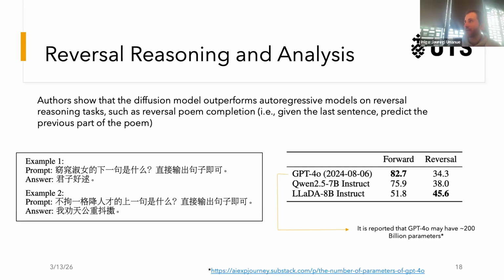So that's the forward and the reversal. A model like GPT-4o, which according to the websites is about 200 billion parameters in size, so much bigger, does much better in the forward, even Qwen 2.5. But when you do the reversal, a model like LLaDA is doing better. It's super left to right.